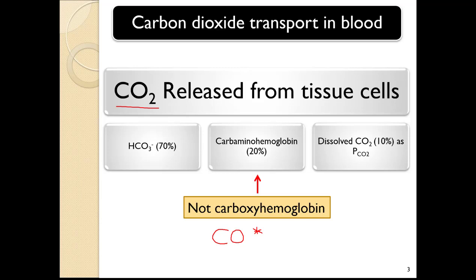It has a tendency to stick to hemoglobin extremely strongly. So carboxyhemoglobin is incredibly bad. Carbon monoxide will actually stick to red blood cells about 238 times stronger than carbon dioxide will. So it really grabs a hold of hemoglobin.